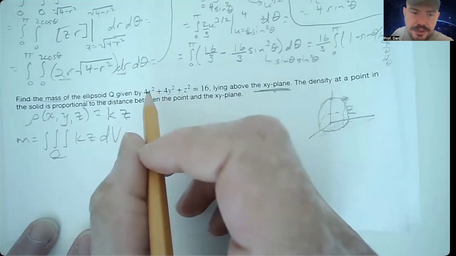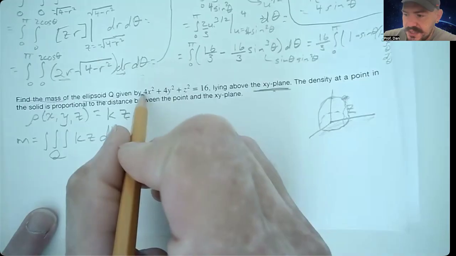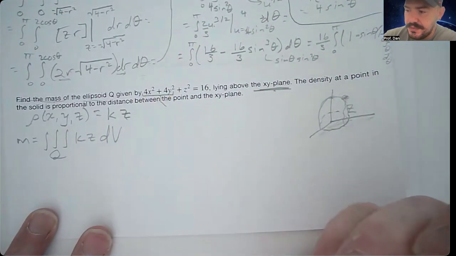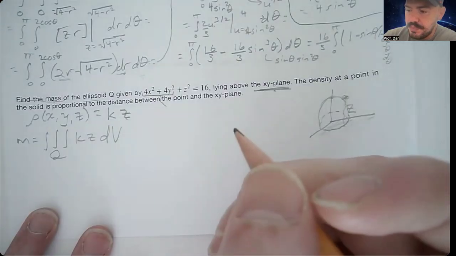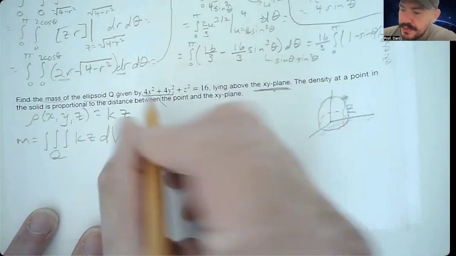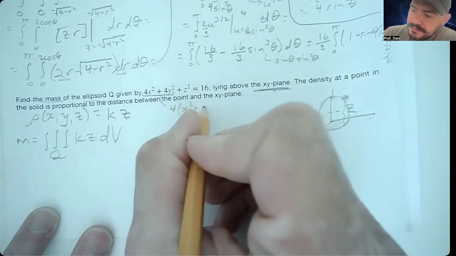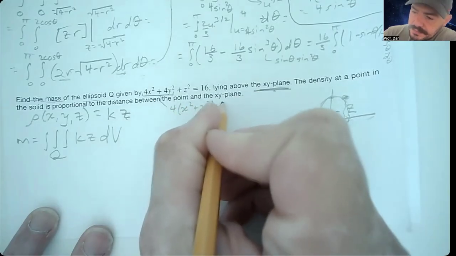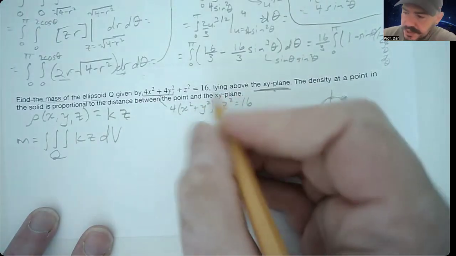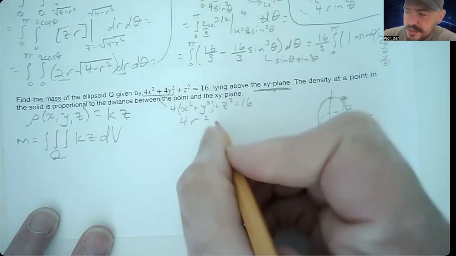All right, other thing to note is that we are using cylindrical coordinates to set this integral up, which means that I can actually rewrite this in terms of r, theta, and z. So with those first two terms, I can factor a 4 out. Okay, we know that x squared plus y squared in cylindrical or polar coordinates is r squared.